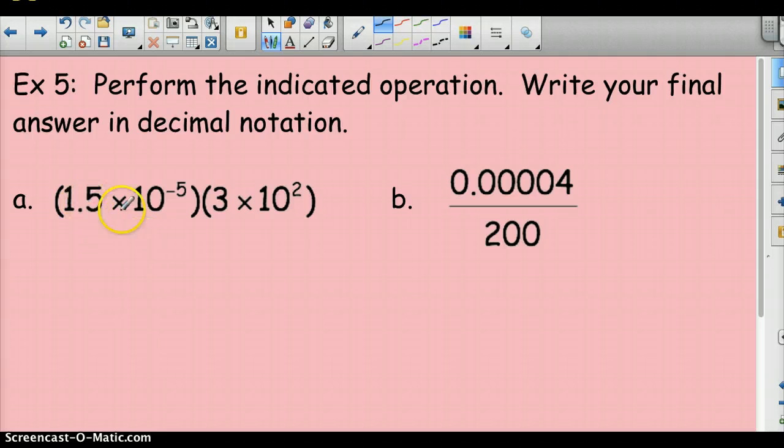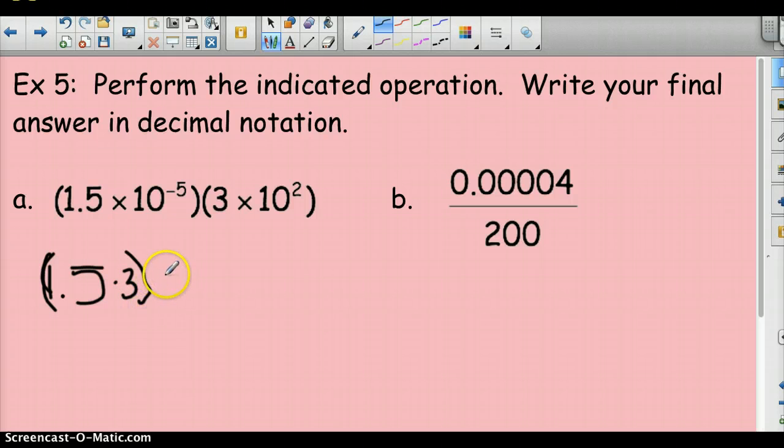Let's use a couple of examples to explain this. What we do: 1.5 times 10 to the negative 5th times 3 times 10 to the 2nd. They're both already in scientific notation. So I'm going to take the two bases, which are 1.5 as well as 3, and I'm going to multiply those two together. So 1.5 times 3. Got the bases together.